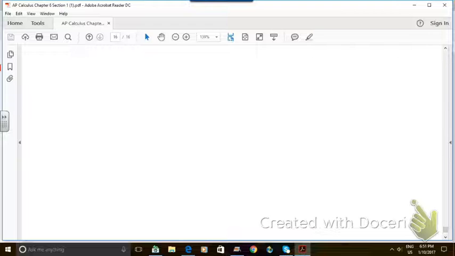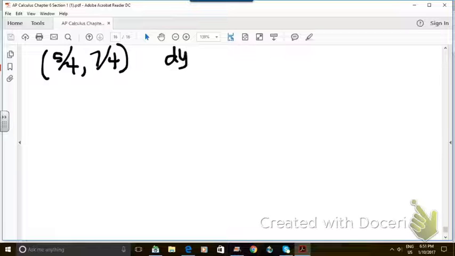So, my point I'm starting with again was 5/4, my new point, 7/4. My equation for my dy/dx again was x minus y. Repeat the process again till we get to our answer.